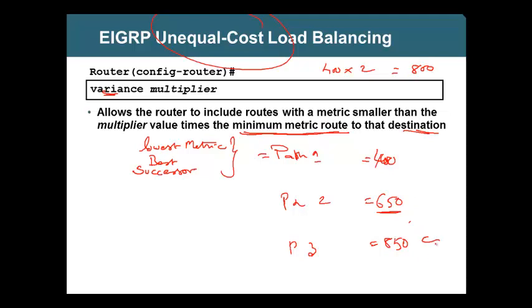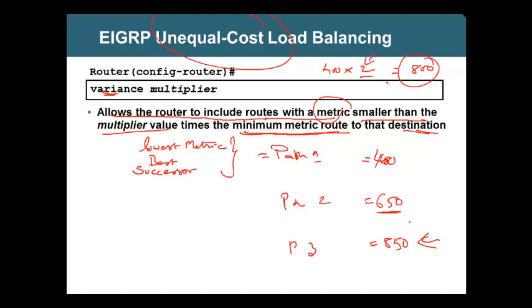But this is 850. It allows the route to include routes with a metric smaller than the multiplier value. What is the multiplier value? 800. I put variance as 2.